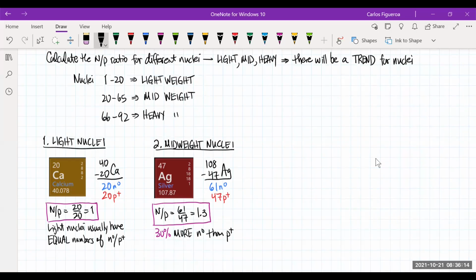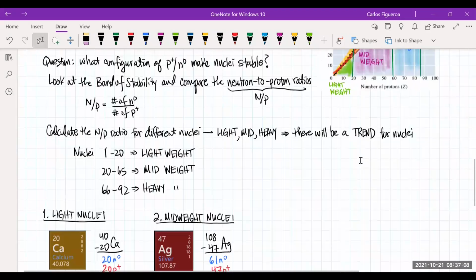So in order for midweight nuclei to be stable in this region, nuclei require about 30% more neutrons than protons.